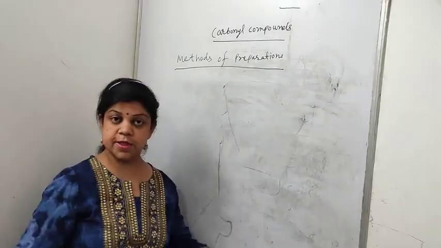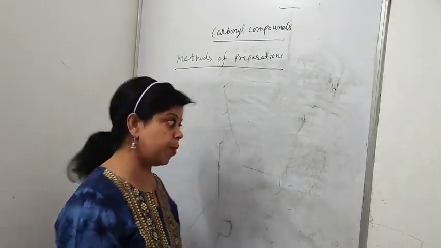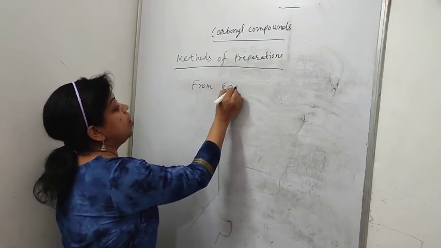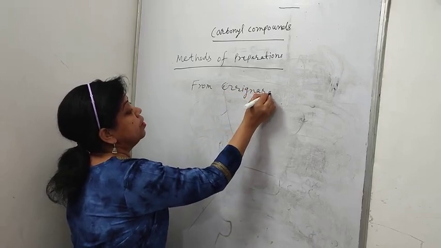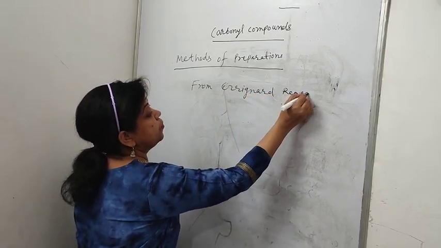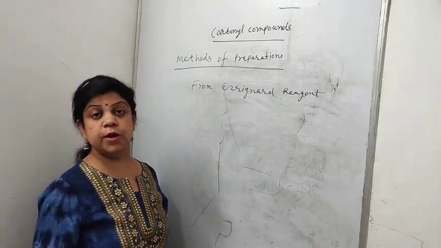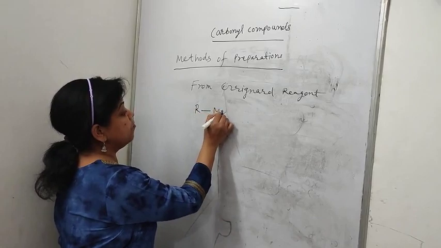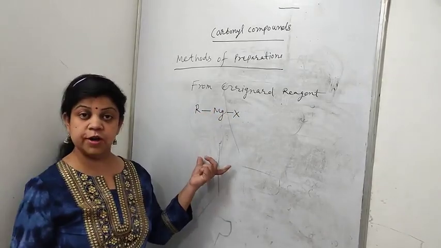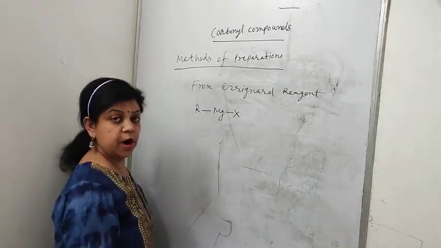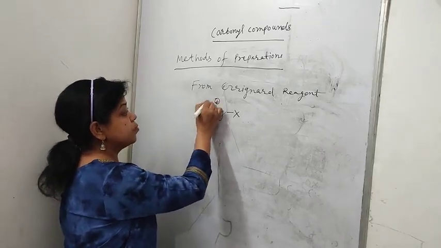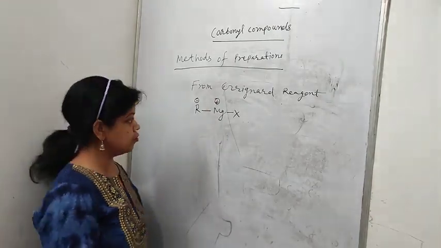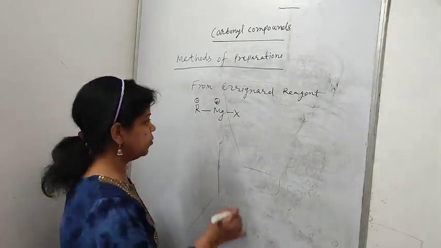Now let's see another method of carbonyl compound preparation. This is from Grignard reagent. How can we prepare these carbonyl compounds from Grignard reagent? Students, you are very much familiar with the formula of Grignard reagent. This is our Grignard reagent in which the metal possesses positive charge and carbon possesses negative charge due to the difference in their electronegativity.